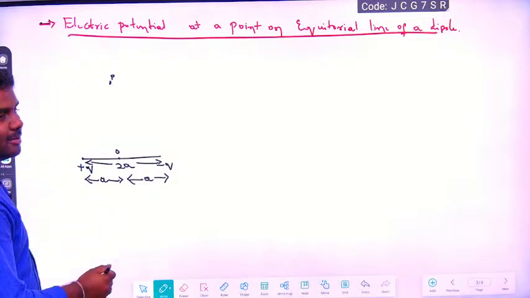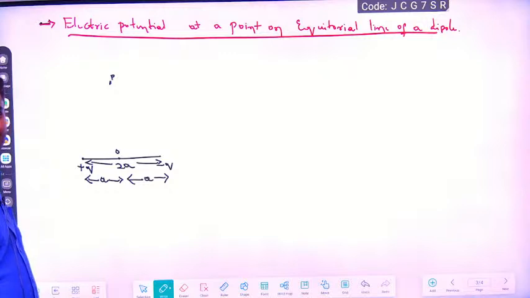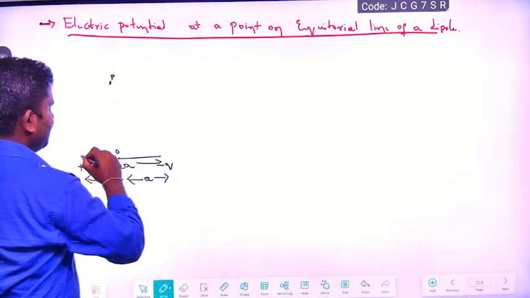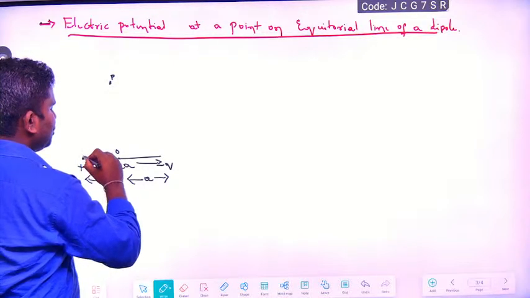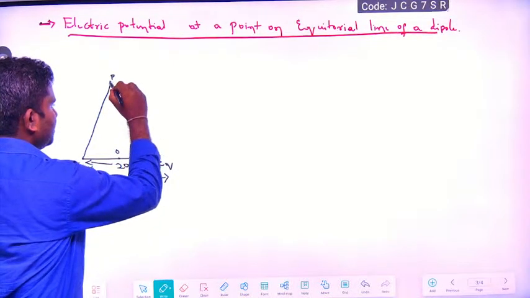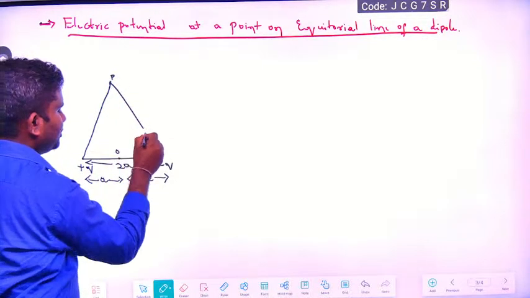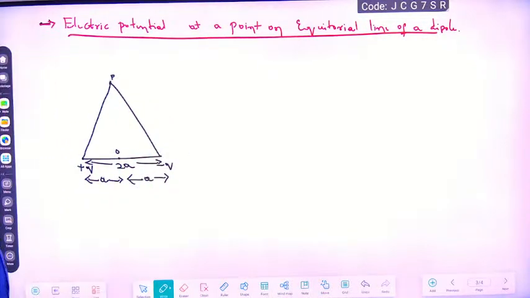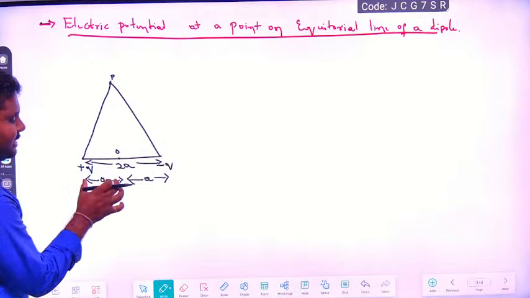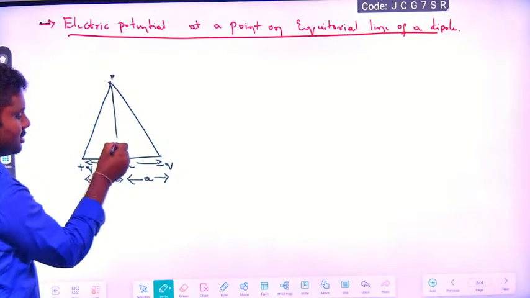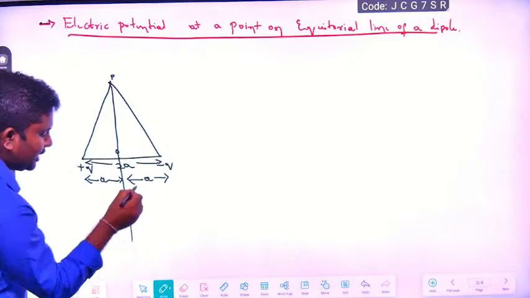To find the electric potential, first draw lines from the point to plus Q and to minus Q. This distance is a, here is the center, the equatorial line.